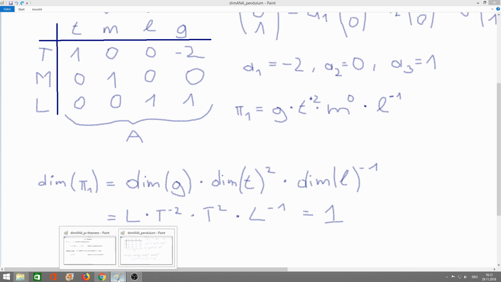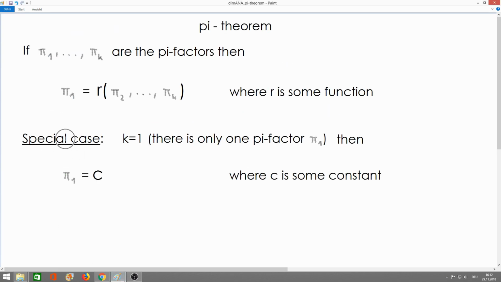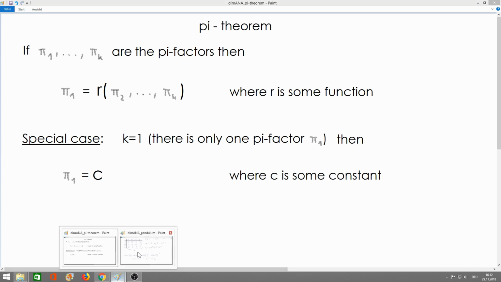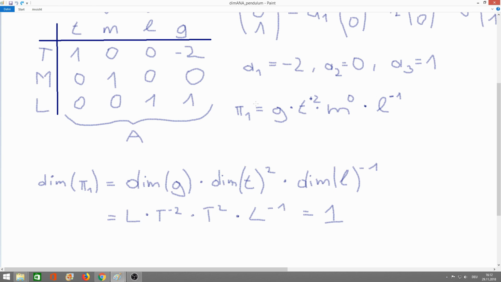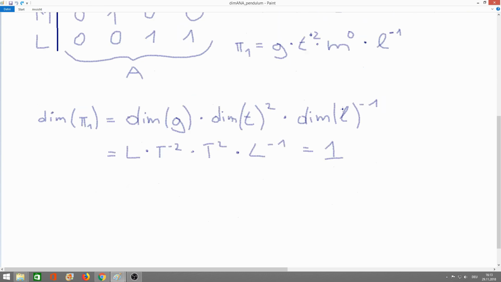So this is the special case here. So we know from the Pi-Theorem that there is some constant, so that pi1 is equal to c.